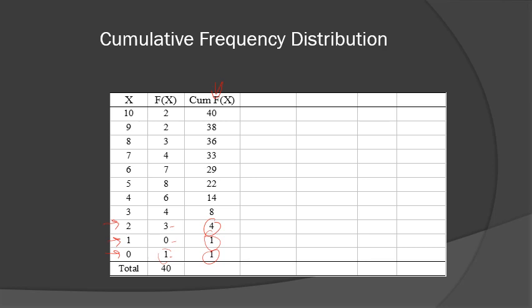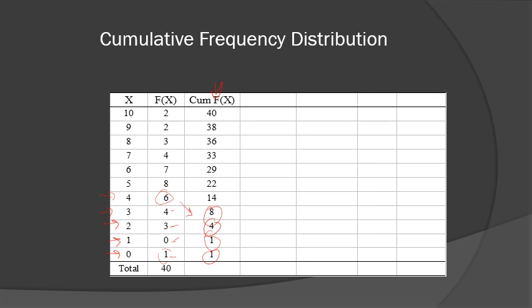One way to do it, the way I'm doing it now, is you take the value at that point. So let's look at 3. Everything at and below that point, you have 4, you have 3, you have 0, you have 1. We add all those together, we get 8. Another way to do it is just to take the frequency at that point and add it to the cumulative frequency from the one below.